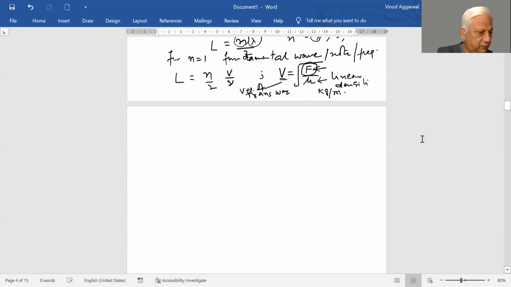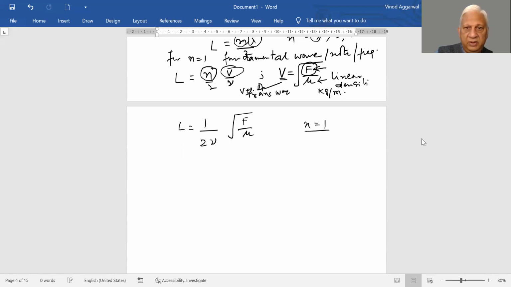So if we use this formula and put the value of V here, what we get is L is 1 by 2 times 1 over frequency times square root of F by mu. We've taken N as 1.